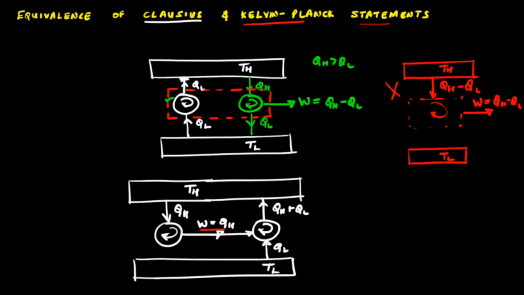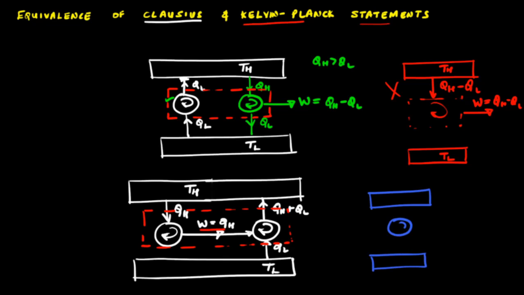Now again, let's consider the combined system of this heat engine and the refrigerator. The net effect of such a system is that it operates in a cycle but does not take any work input.